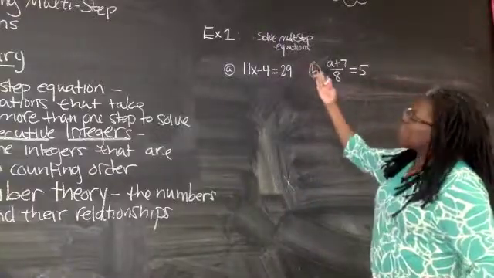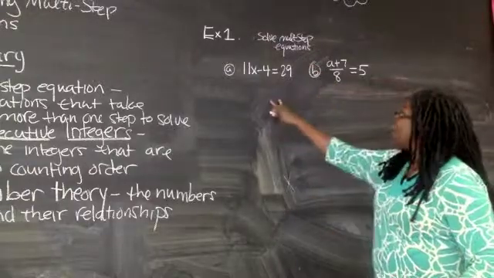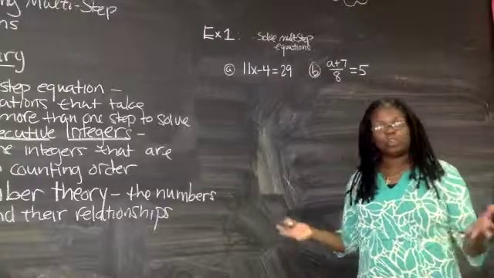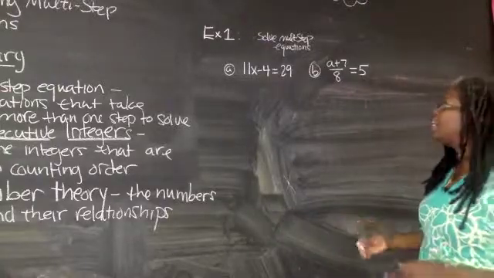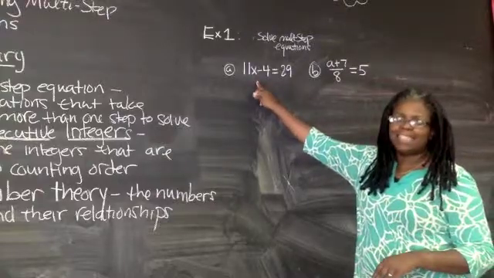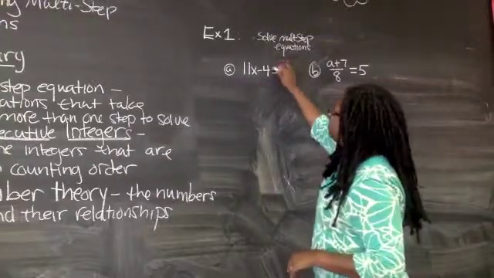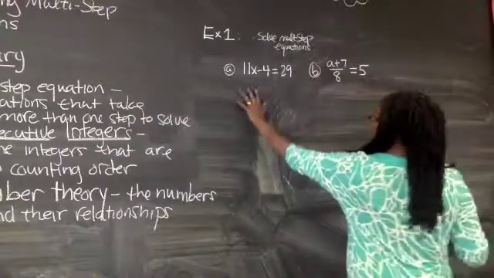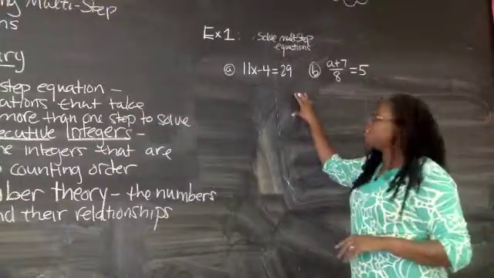Example 1 is about solving multi-step equations, and we have 2 problems that we're going to look at. Remember, multi-step equations just require us to do more than one step. As I look at this problem, I'm recognizing that I want to isolate that variable x. I like to draw a little dotted line along my equal sign, just so I know that what I'm doing to one side, I've got to do to the other.